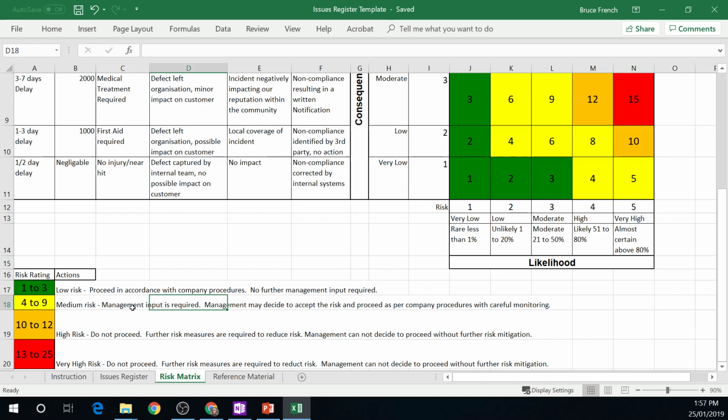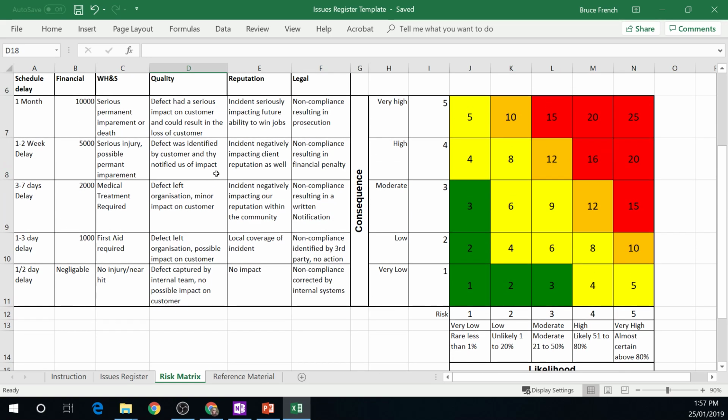Can we tolerate the 50% chance of something leaving the organisation and having a possible impact on the customer? It's a management decision, and if we can't tolerate that level of risk, further measures are going to go into place. This could require further tweaking, and as I say, it needs to be refined for each organisation. But hopefully you're starting to get a picture of how we can assess these levels of risk.